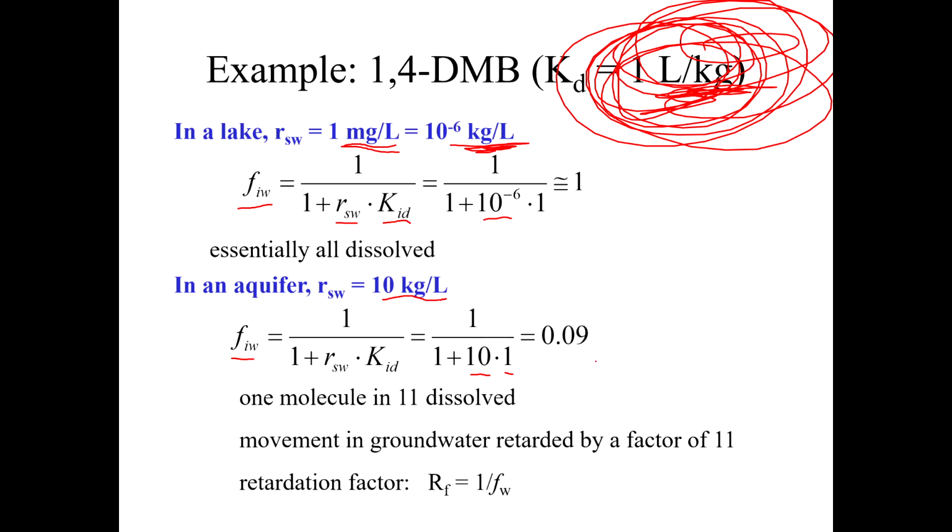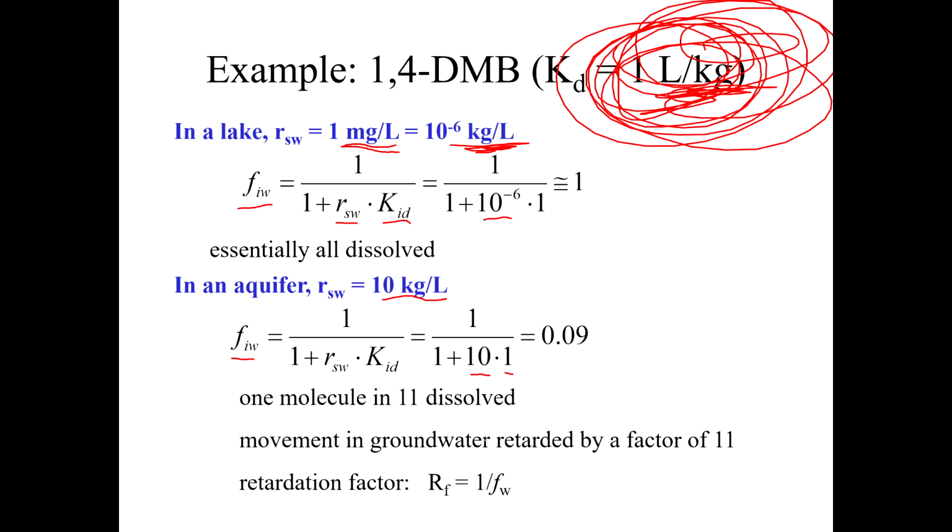Another way to think about that is that about 1 molecule in every 11 is dissolved. What does that mean to me? Well, it means only 1 out of every 11 molecules is able to move with the groundwater as the groundwater moves, because the rest are stuck on the aquifer and not going anywhere.